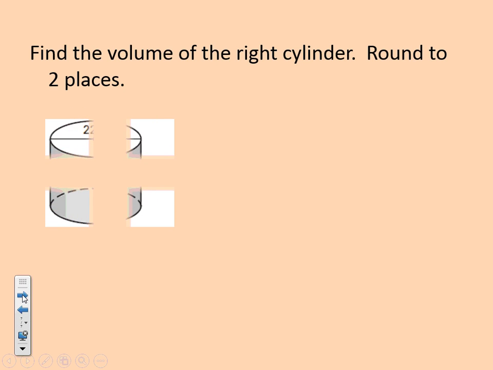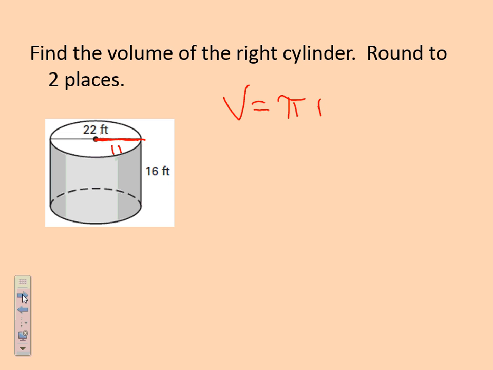All right, this is an example that you're going to want to have in your notes. Find the volume of the right cylinder, round to 2 decimal places. So I'm given here the diameter. I need to know the radius. So this is going to be 11. Volume equals pi r squared times the height. Plug in what we know.